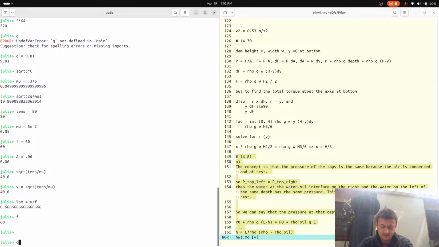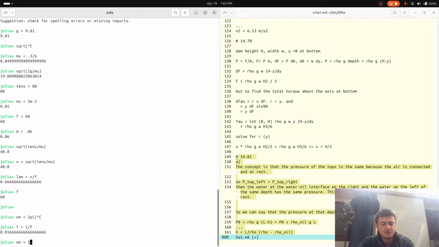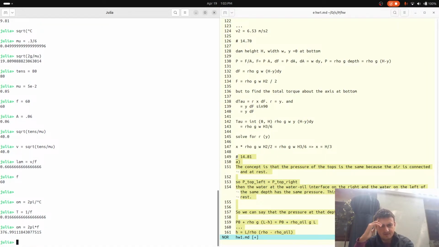So now we have everything we need, I think. Let's just make omega. Omega is 2 pi over T, the period. So T is equal to 1 over f. So omega is equal to, I could just write 2 pi f, actually. So that's the angular velocity. So I think we're good.